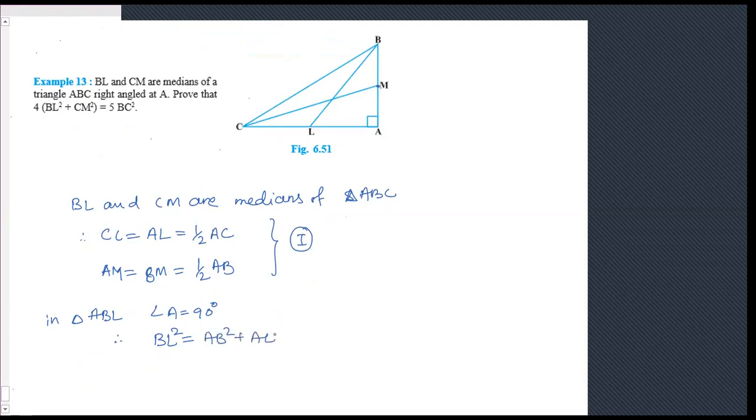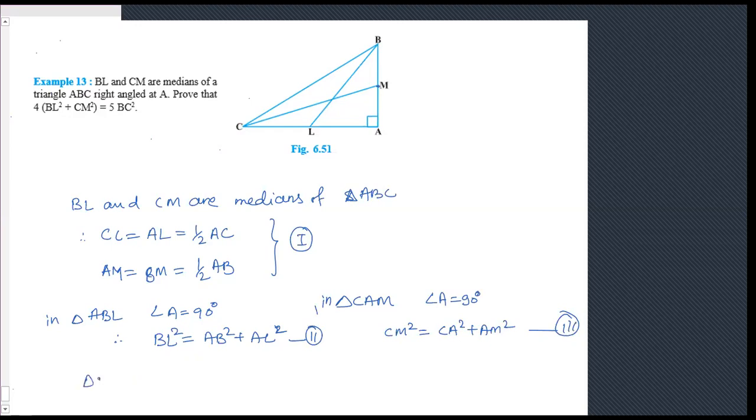AB square plus AL square, okay. Then the second triangle, triangle CMA. In this one, angle A is again 90. So CM square is equal to CA square plus MA square. This is equation 2. Sorry, 1 already done. This is 2 and this is 3.